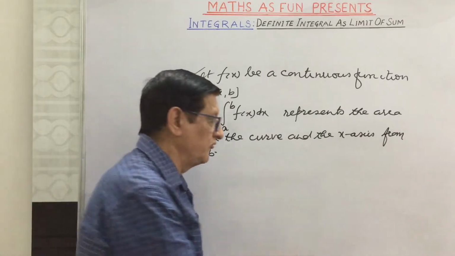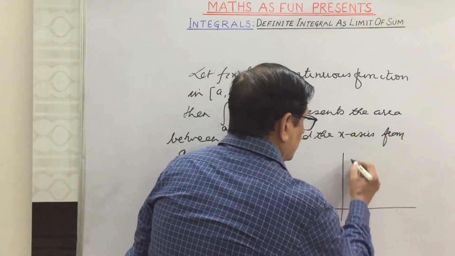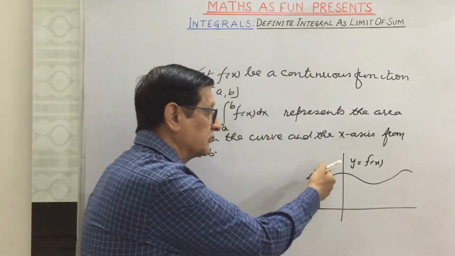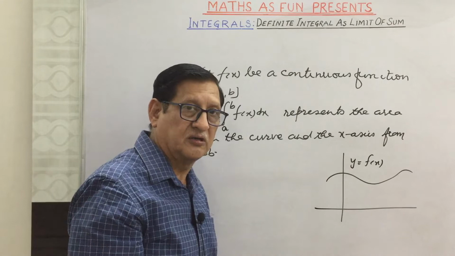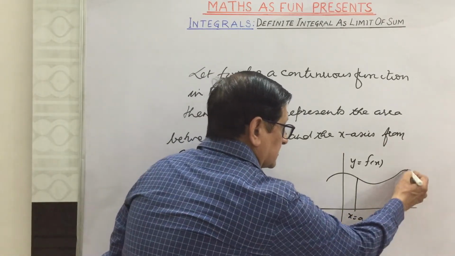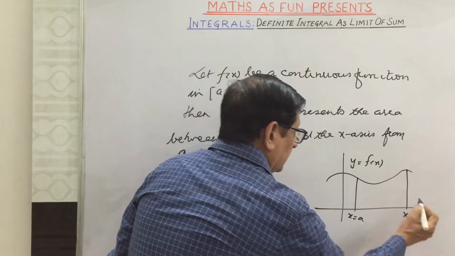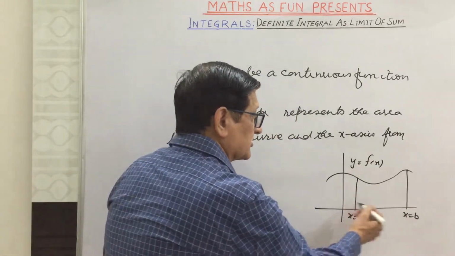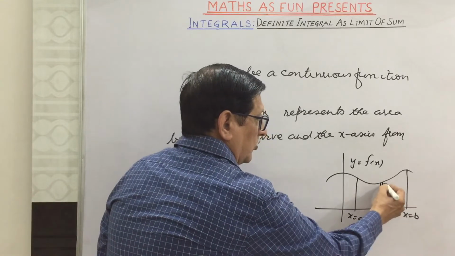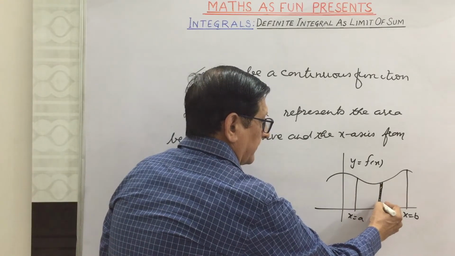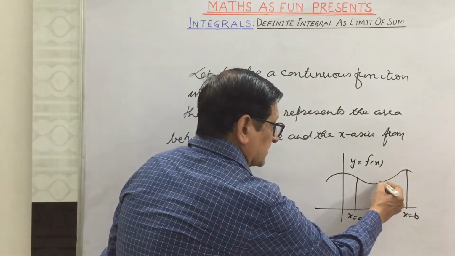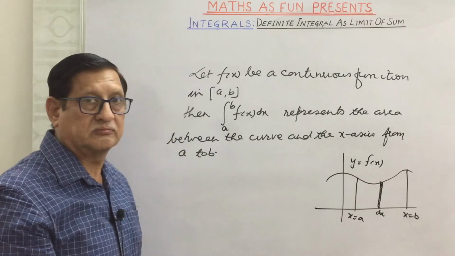If we draw the curve for the function y equal to f(x), suppose this is the function and it is in the positive direction of the x-axis. This is the point x is equal to a and this is the point x is equal to b. In between, anywhere if we draw a vertical strip of width dx, it will be just like a rectangle, or not.